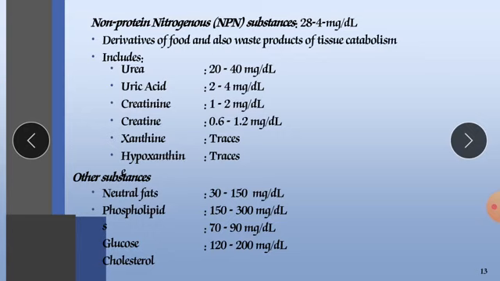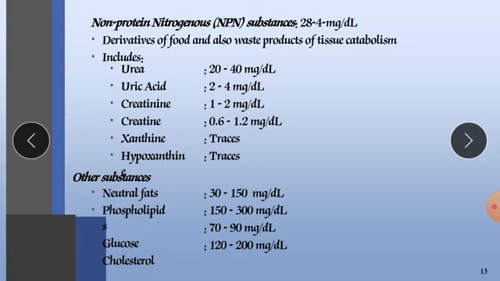These are derivatives of food and also waste products of tissue catabolism, because our blood also does the major function of transporting waste products and throwing them out of the body. Waste products are very important to throw outside because they can produce toxic effects in our body.